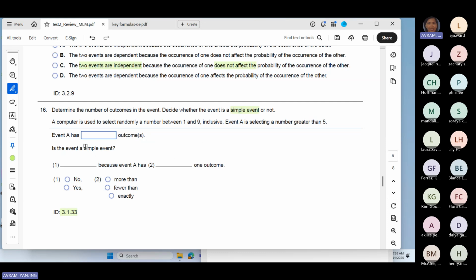A computer is used to select a random number between 1 and 9, including 1 and 9. Event A is selecting a number greater than 5. Is this a simple event or not? And why? Okay, let's type it in the chat to see if we can get this one right.